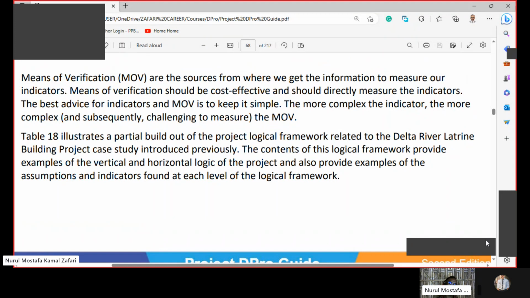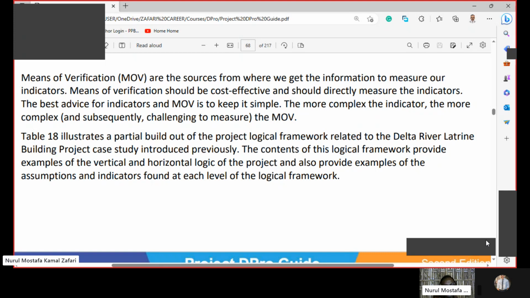When we are making the indicators smart, the means of verification should be simple, because if the means of verification is complex, it makes our case more complex to produce the reporting system and to make it a reference in future.